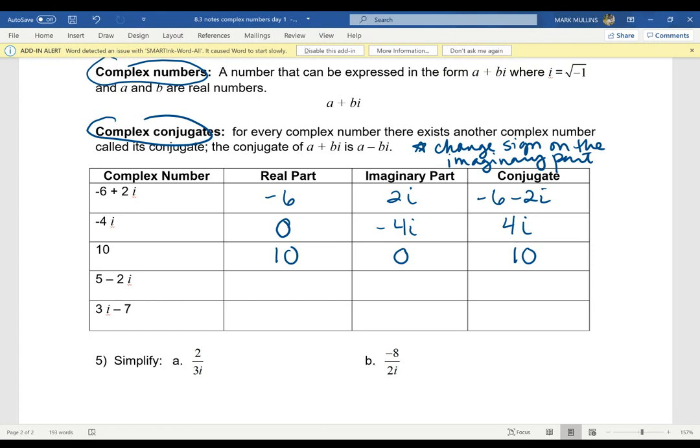I have no imaginary part to change the sign on. 5 minus 2i: real part is 5, imaginary is -2i, so for the conjugate I need to change it to plus. And on the last one, I switched the order on you to trick you. It's really a -7 plus 3i, and so our real part is -7. 3i is imaginary, and the conjugate is -7 minus 3i.